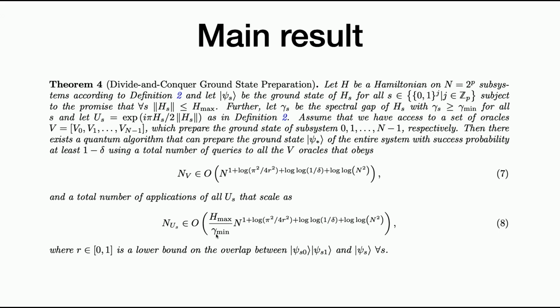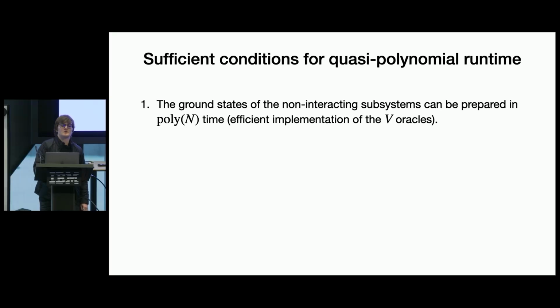Okay. And so just to summarize, what are sufficient conditions for ensuring a quasi-polynomial runtime? Of course, everything on the previous slide was stated in terms of oracles. So in order to actually ensure that we have a quasi-polynomial runtime in terms of, say, gate complexity, we require that the ground states of the non-interacting subsystems can be prepared in poly n time.